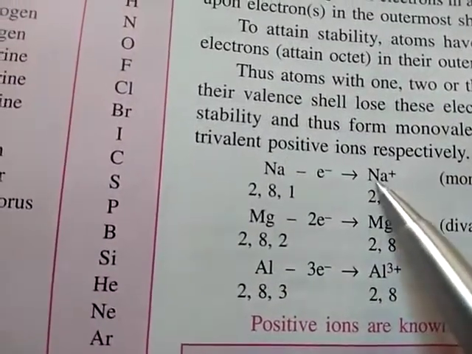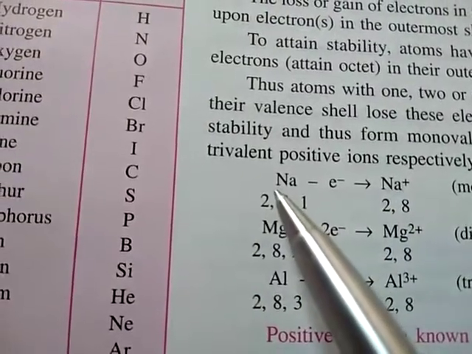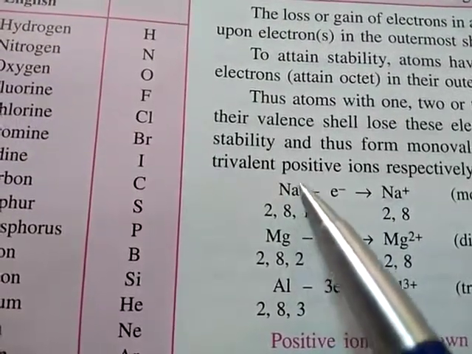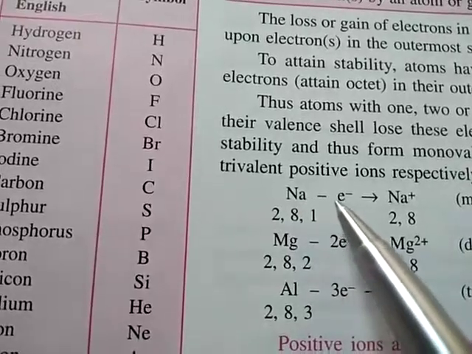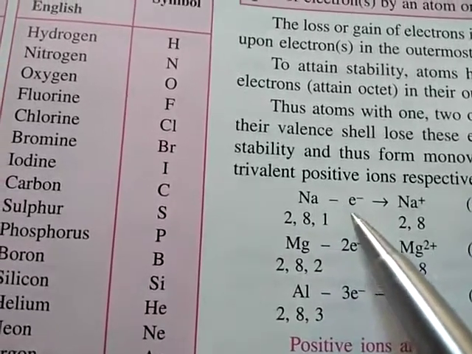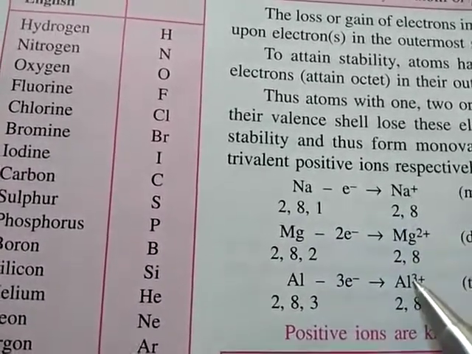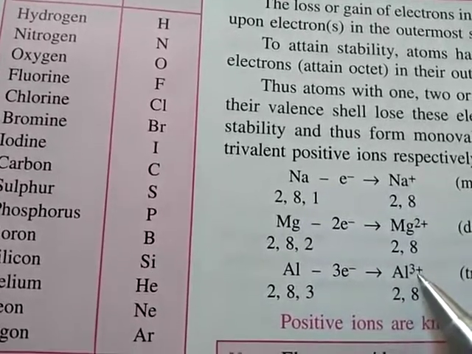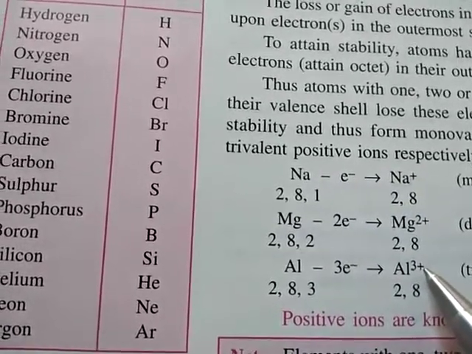This sodium ion has been formed from the sodium atom when the sodium atom lost 1 electron. So these are positively charged species. Likewise, we have examples of negatively charged species also.